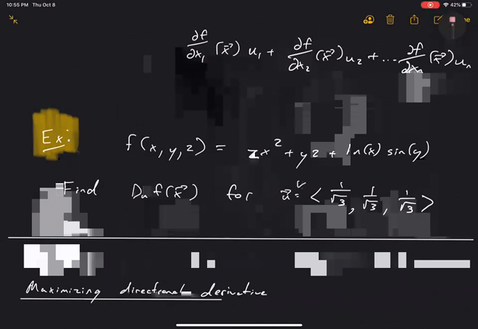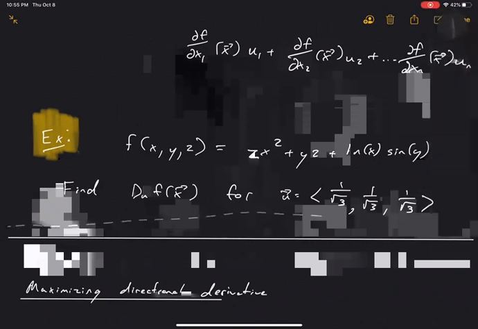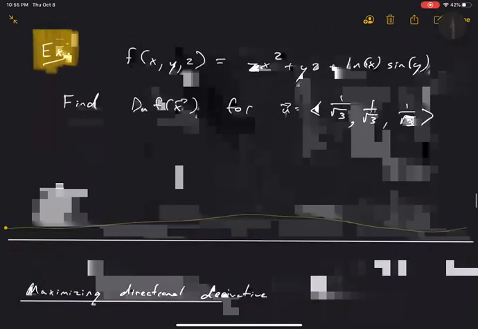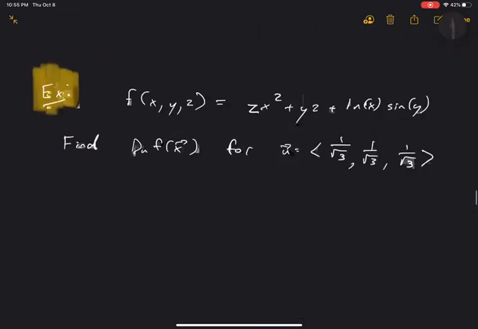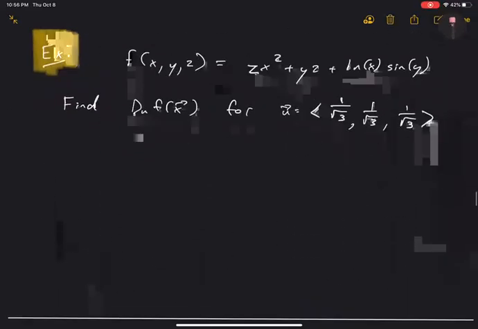First, in vector notation, this is going to be given by del f dot u.